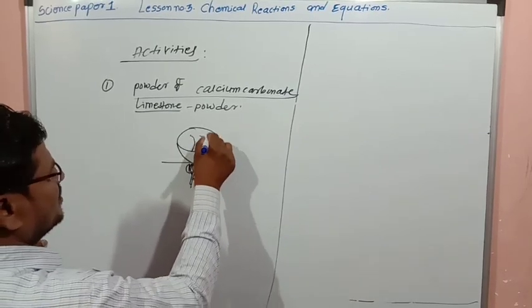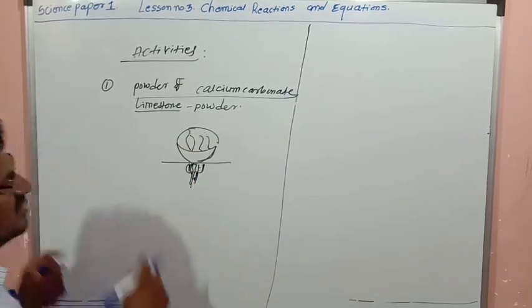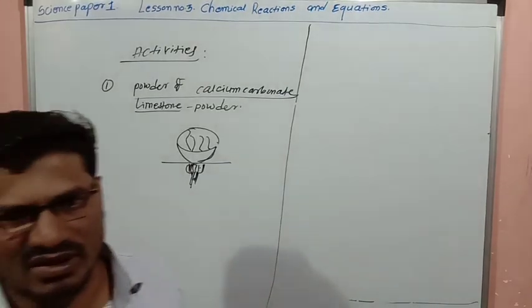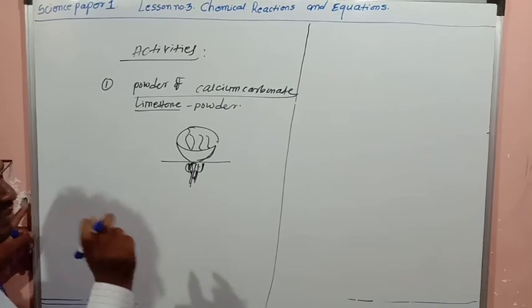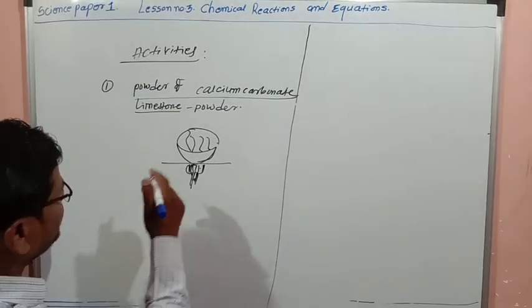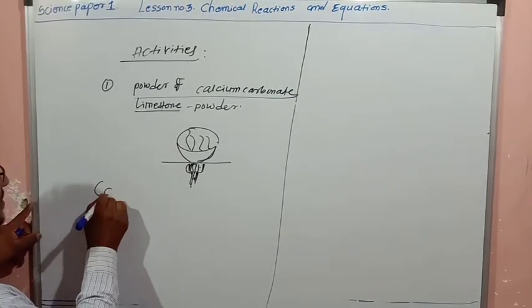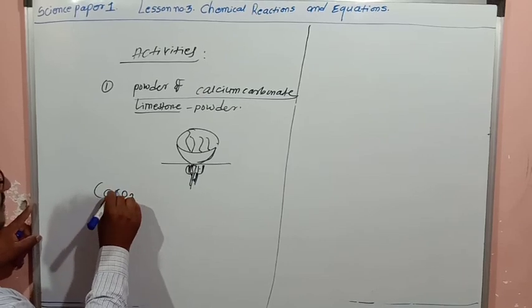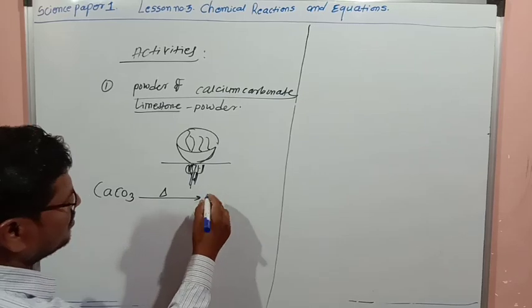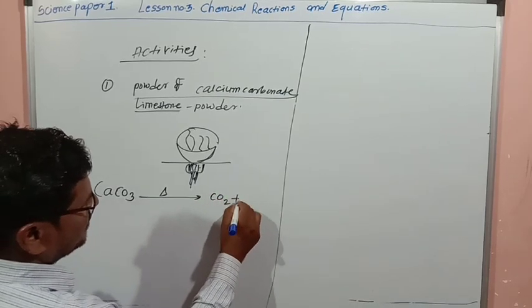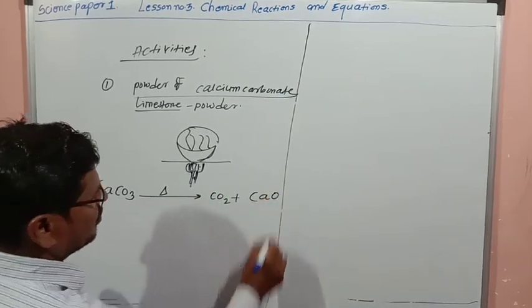Some gas will be evolved. Two types of changes will take place, that we are going to see. If you heat the powder of calcium carbonate strongly over the blue flame, one reaction will take place. CaCO3, after heating strongly, will get converted into CO2 plus CaO.